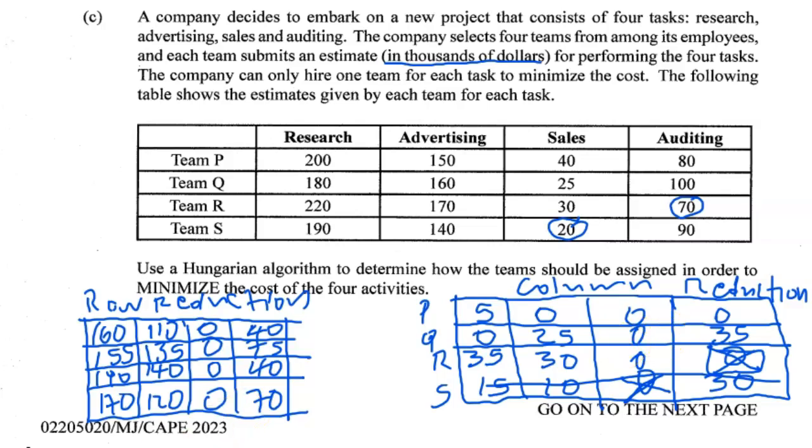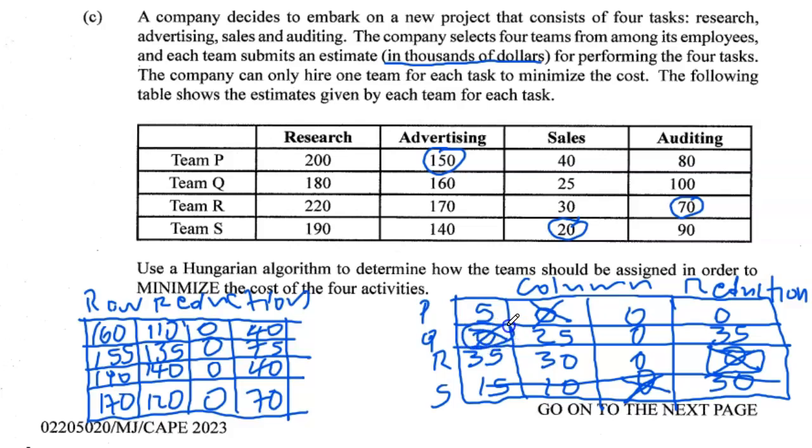So we have to assign research and advertising now. The only option we have here now is to assign advertising to team P. On the other zero, we assign research to team Q. So notice how we began.